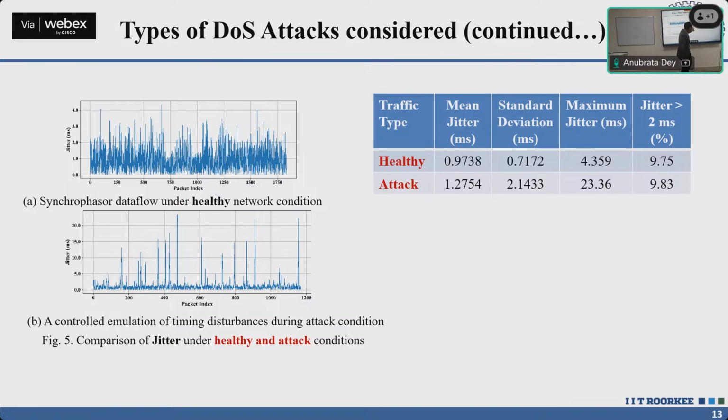In the table, if you look at the jitter for the healthy and attack scenarios, for the mean, standard deviation and maximum value, there is a huge difference, specifically in these two. If I consider a jitter greater than 2 milliseconds, meaning the difference between inter-packet travel times is more than 2 milliseconds, it is less than 10% in the healthy case, but in the attack scenario it is like this.